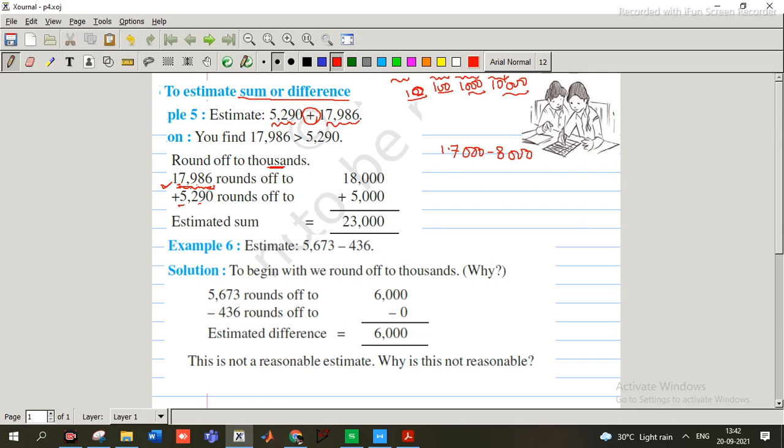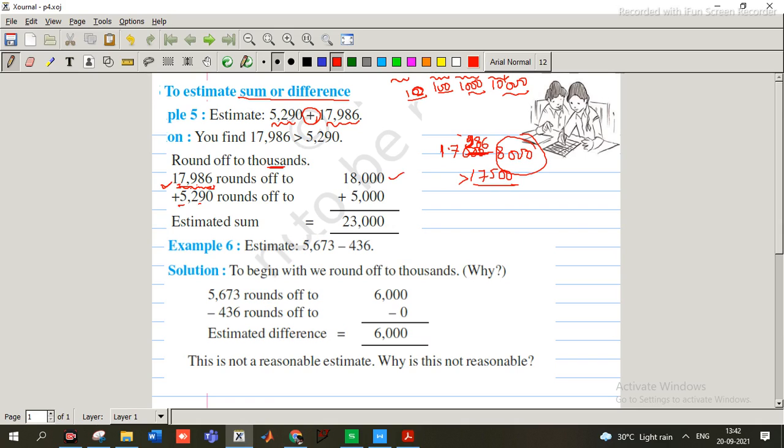As 17,986 has 986, which is greater than 17,500, definitely I'll have to take the maximum, which is 8000, and the 1 is already there, so I'll write it as 18,000.